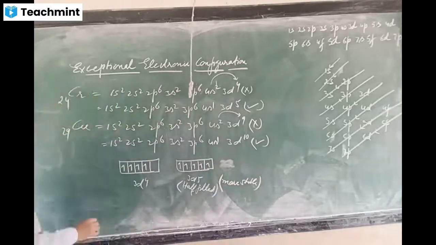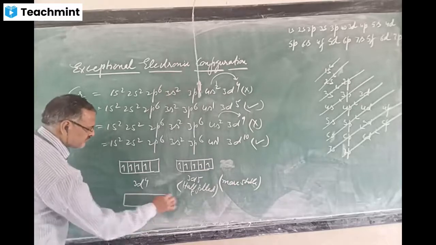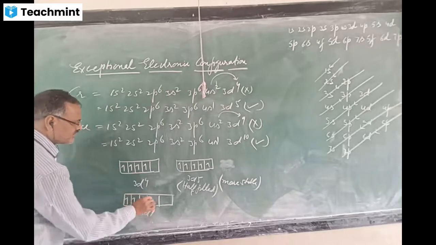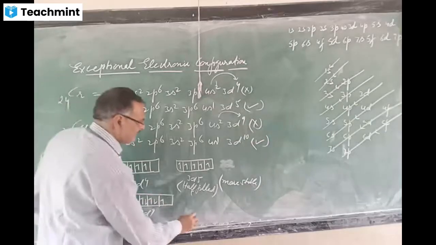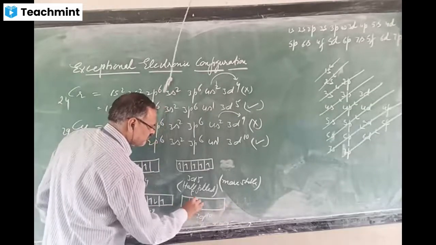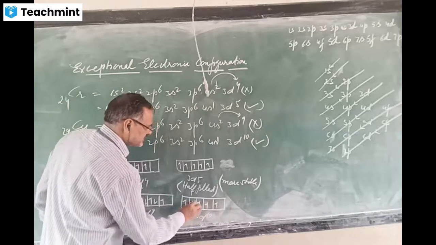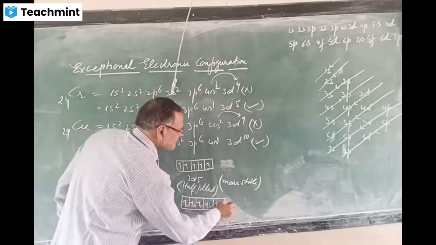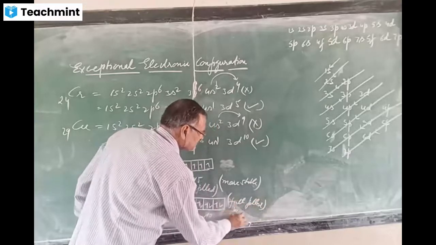In the same way, you can take 3d9: 1, 2, 3, 4, 5, 6, 7, 8, 9. Then 3d10: 1, 2, 3, 4, 5, 6, 7, 8, 9, 10. This is fully filled, more stable.